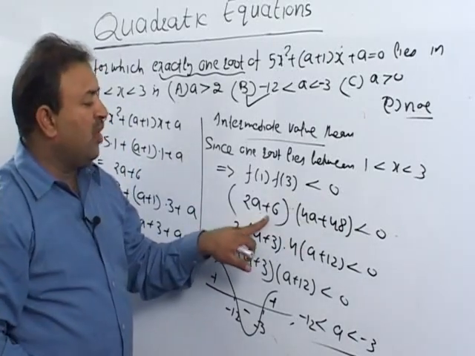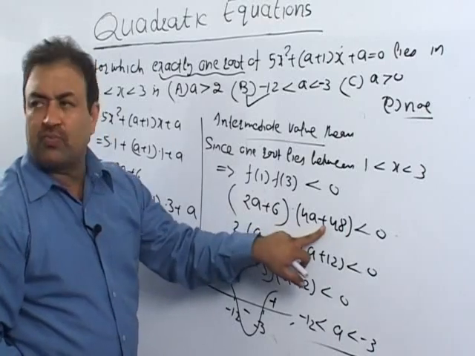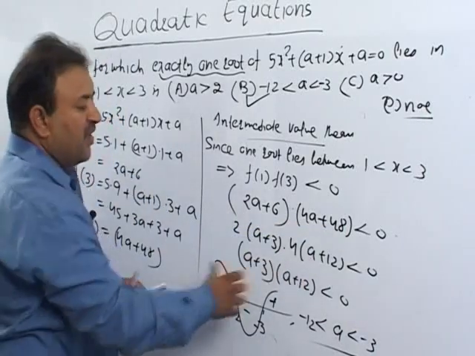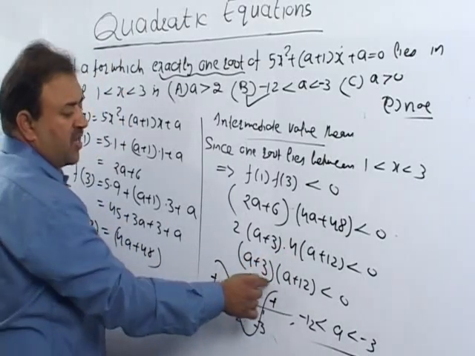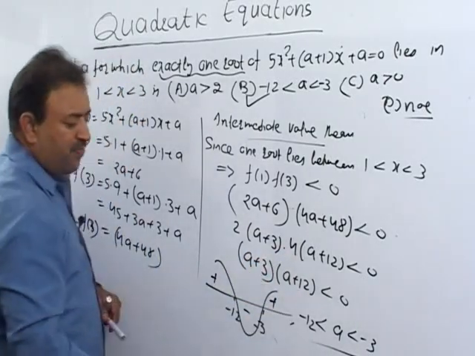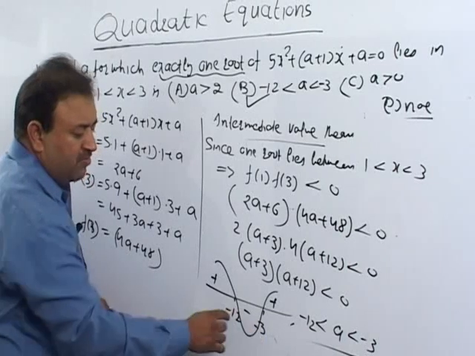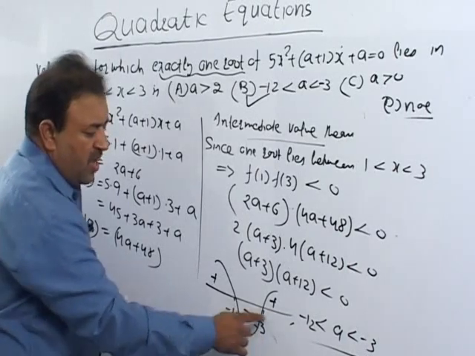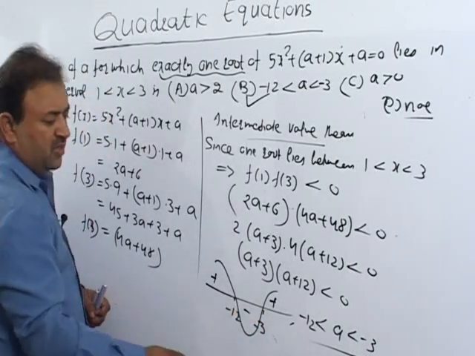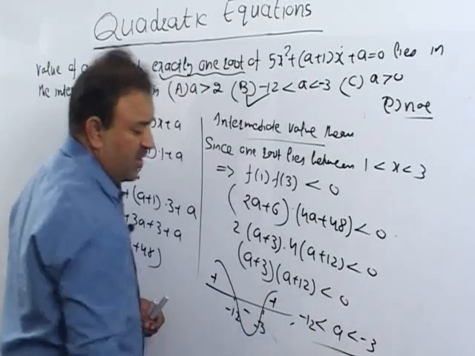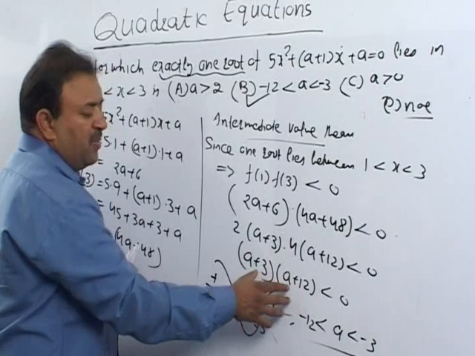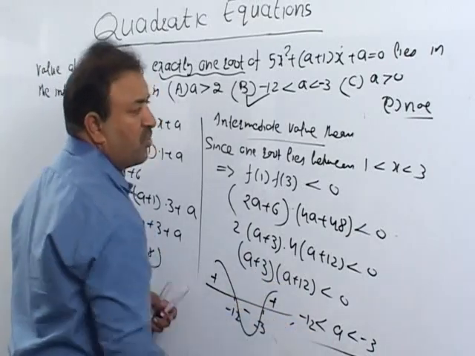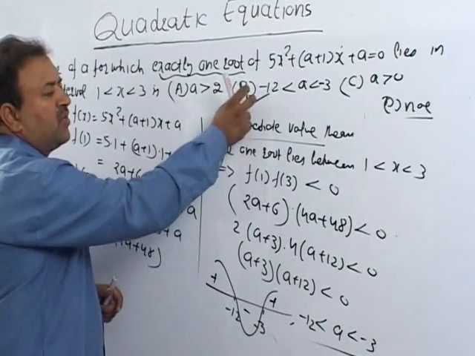Then (2a + 6)(4a + 48) is less than 0. Dividing by the common factors, (a + 3)(a + 12) is less than 0. Now we draw the x-axis, minus 12, minus 3, and it is plus, minus, plus. We can conclude that this expression will be negative when a is from minus 12 to minus 3. So the right option is B.